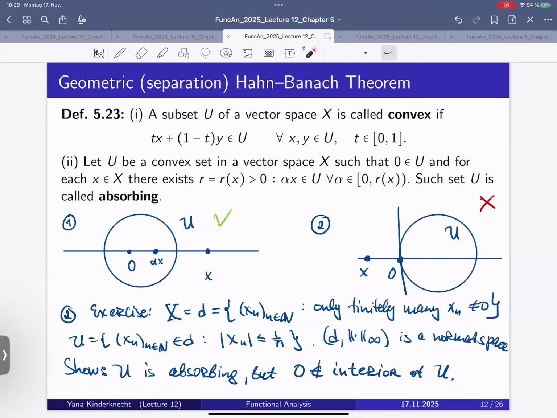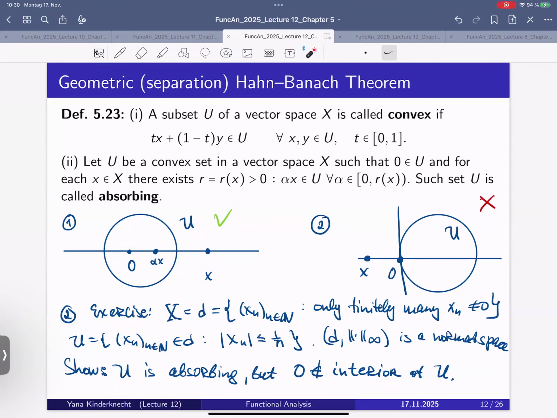Well, I guess the word absorbing already says something: we want a set which can eat any point by just expanding this set. Here 0 is interior and it's perfect. Here 0 is not interior and it's bad. But sometimes 0 is not interior and it's still working. So as soon as a set U contains some neighborhood of 0, everything is perfect, then it's absorbing.